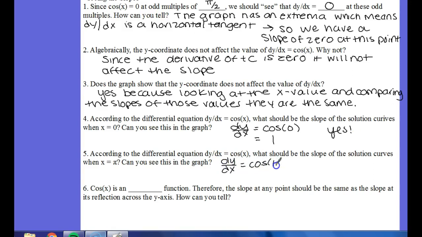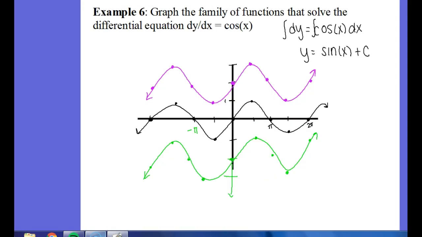So what's the cosine of pi? -1 is the slope of this graph at pi, and all 3 graphs. Again, there's no x and y lines, so I know it's kind of harder to see, but can you look at this and see the slope is going down?